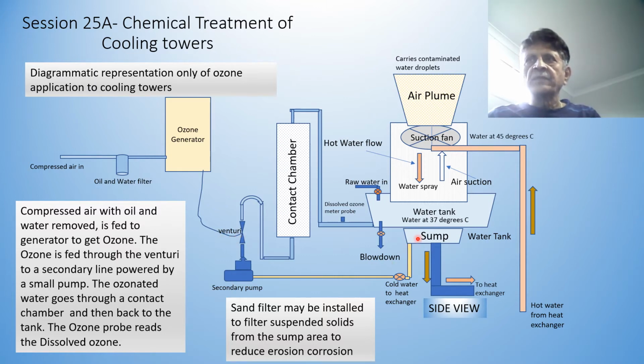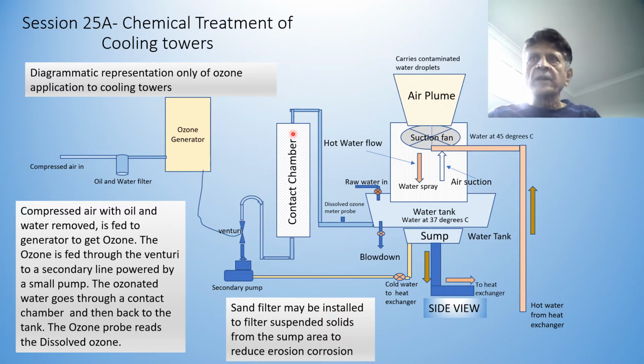There is a separate section where the water is taken out of the sump through a secondary pump, and that goes through a contact chamber and then back into the cooling tower water tank.